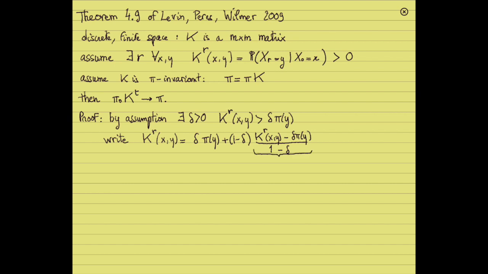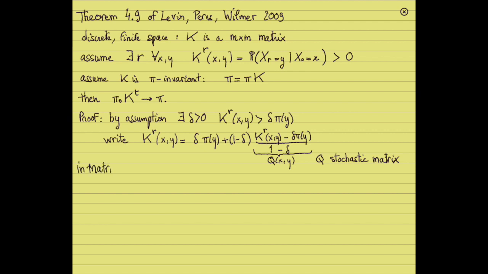So this quantity on the right-hand side, we can write q of xy, and it's a Markov transition kernel, so it's a matrix with entries xy, such that for all x, the sum of the entries q of xy sum to 1. So q is a stochastic matrix.